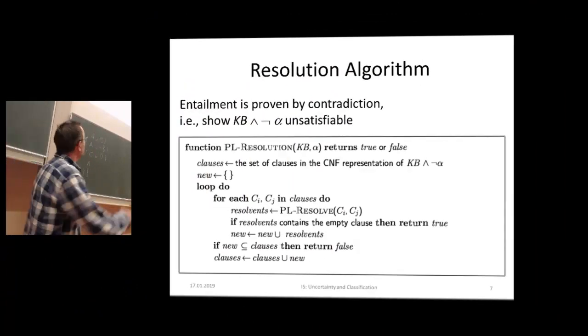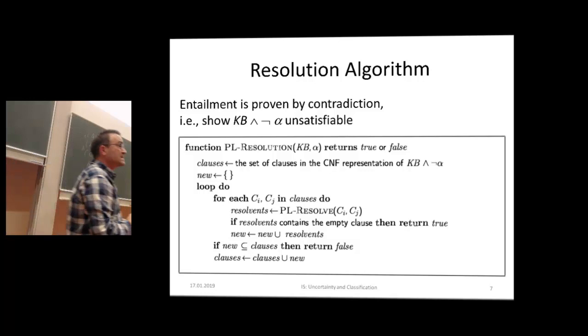So this is the algorithm. If you want to show unsatisfiability of this knowledge base plus the negated assumption, then you build a set of clauses in closed normal form, and then you loop. And for each pair of clauses in the set, you apply the resolution rule between those two, and you add the new resolvent to your database.